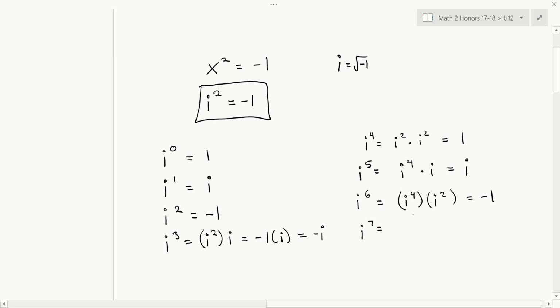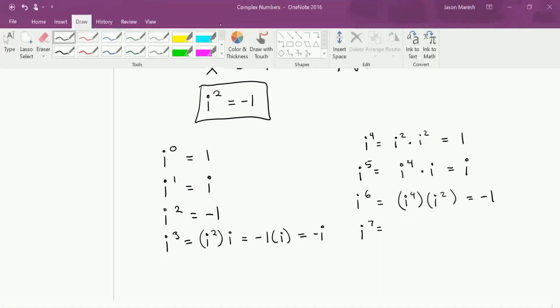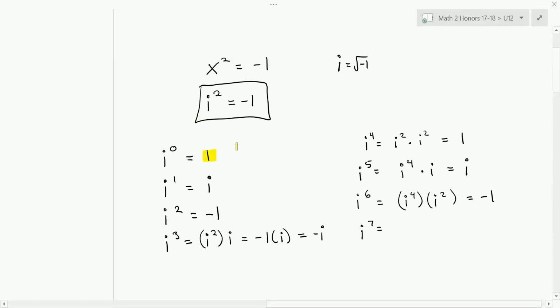What's the pattern? 1, i, negative 1, negative i, and then it starts over. 1, i, negative 1. So it's got to be the negative i, huh? Are you right, though? Yeah, you are right. The negative i.